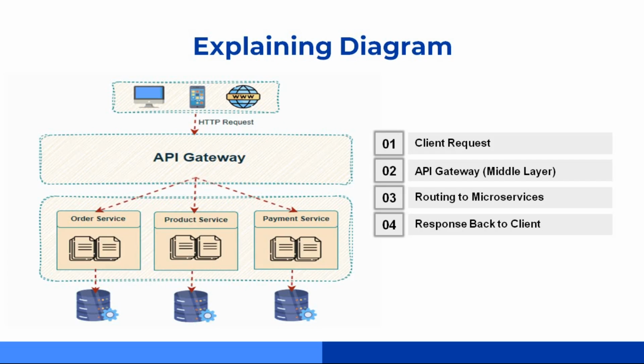Once the service finishes processing the request, the response travels back through the API gateway and then is returned to the client. Quick summary. So in short, the API gateway is like a smart router. It simplifies client interaction by hiding all the complexity of the backend services, improves security, and helps manage cross-cutting concerns like logging, monitoring, and authentication all in one place.